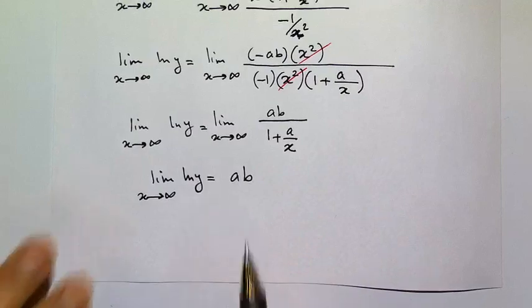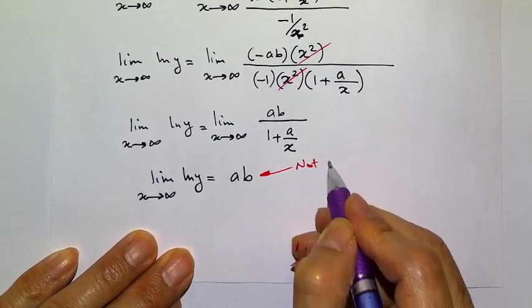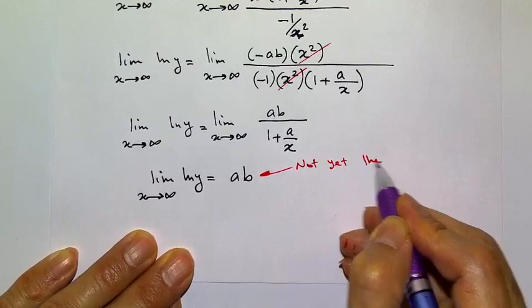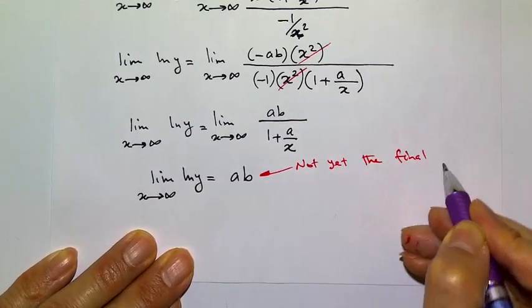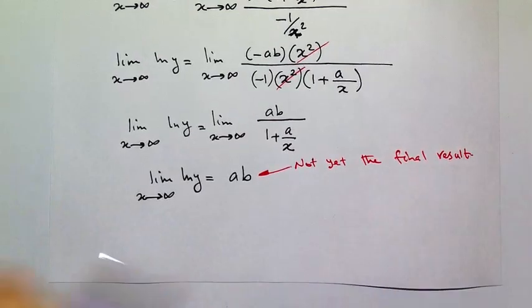But remember, this is not the final result. This is not yet the final result. Okay, we need to take the natural exponential function of both sides, and that will be the final result.